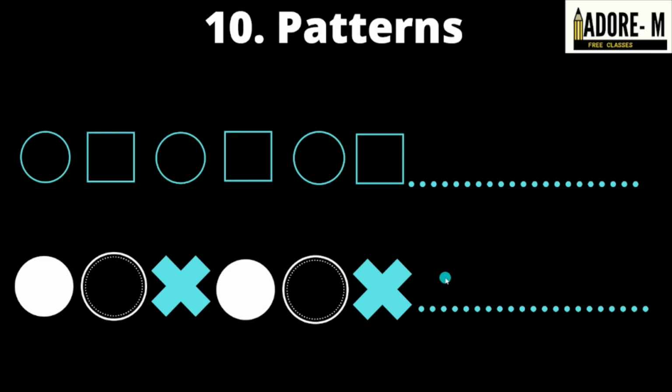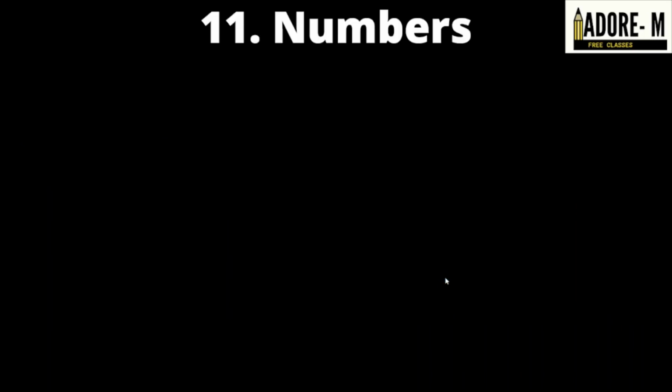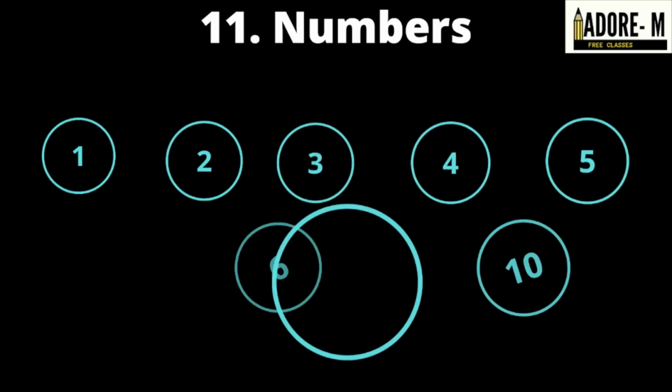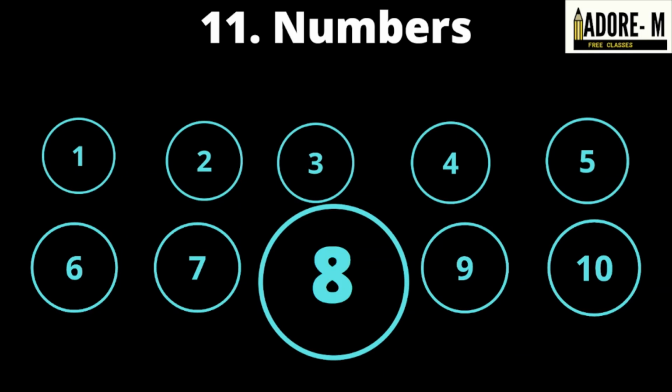I think you are interested to know about this. And chapter 11 is numbers. Till now we have seen numbers from 1 to 50, but in this chapter we will see how we will use 1 to 10 numbers for making other numbers. With the help of these numbers we make lots of numbers, every number that exists in this universe.